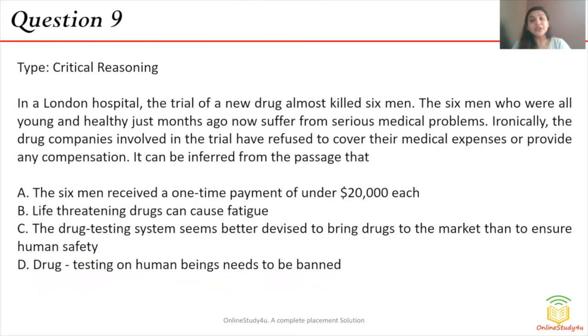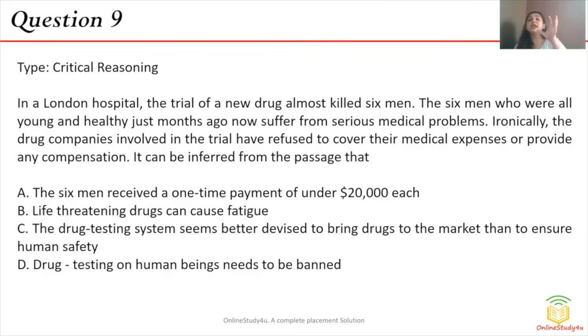Question 9 is another critical reasoning question, and it's a very, very interesting question. It's based on inference. So, inference is always something that you can infer from that particular paragraph. In a London hospital, the trial of a new drug almost killed 6 men. Remember, almost killed and not killed. Now, these 6 men who were young and healthy just a few years ago now suffer from medical problems. So, a London hospital has done a trial of a new drug.